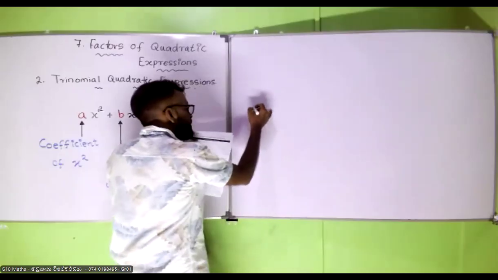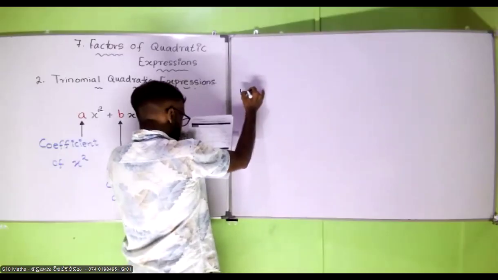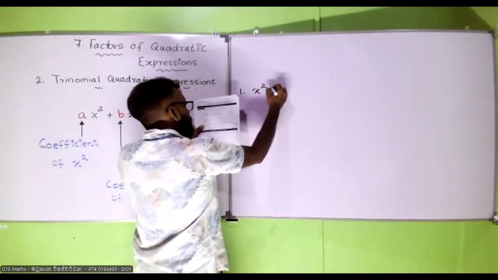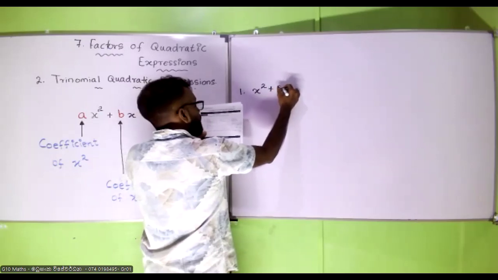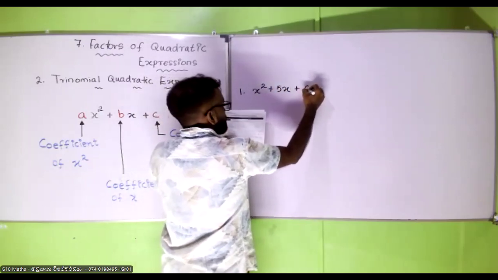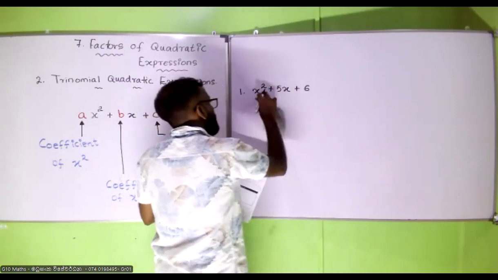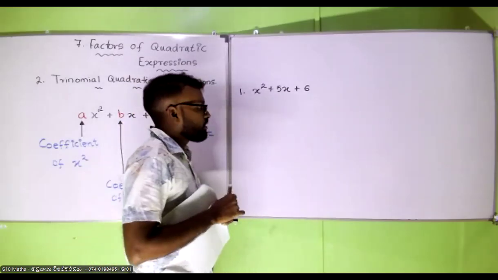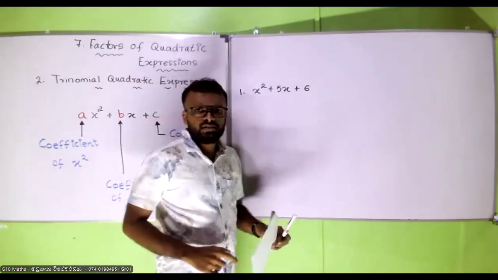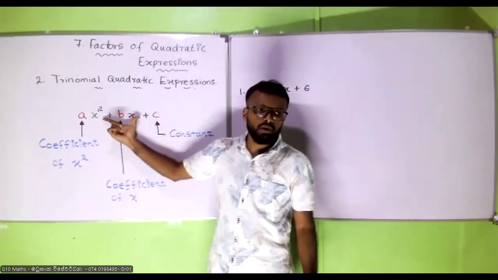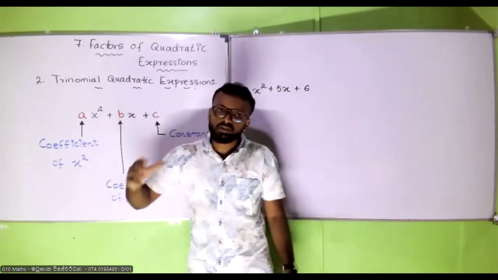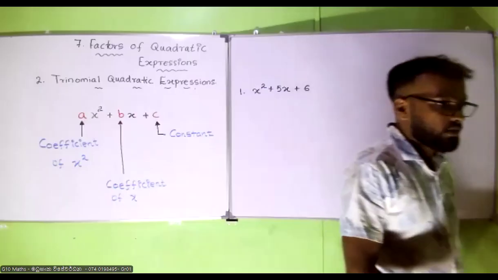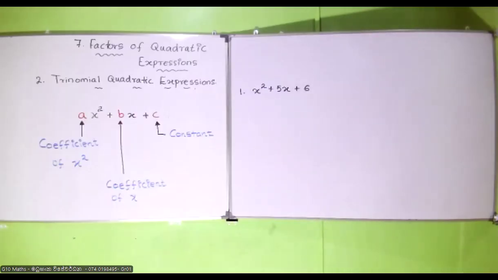So the first example is something like this: x squared plus 5x plus 6. Then you need to arrange this in the form ax squared plus bx plus c. So you need to arrange in that form.